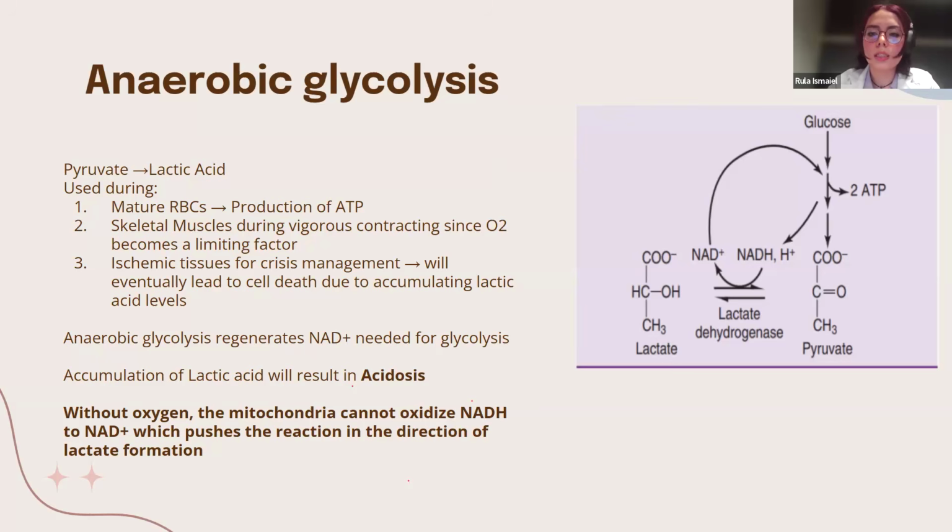This reaction in RBCs specifically helps keep up the supply of NAD plus. Skeletal muscles during high intensity exercise also use it, since oxygen becomes a limiting factor. Basically, the supply can't meet up with the demand.